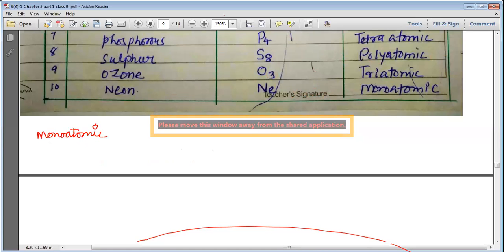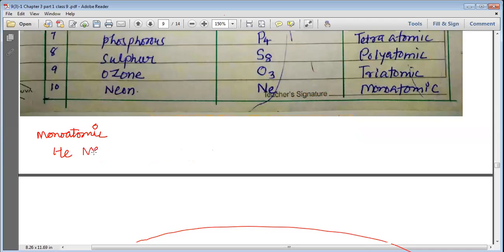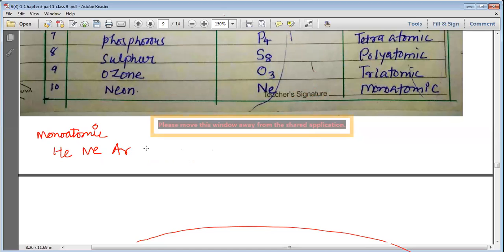As you can see, helium, then neon, then argon, then krypton, then xenon, radon. These all are monoatomic.